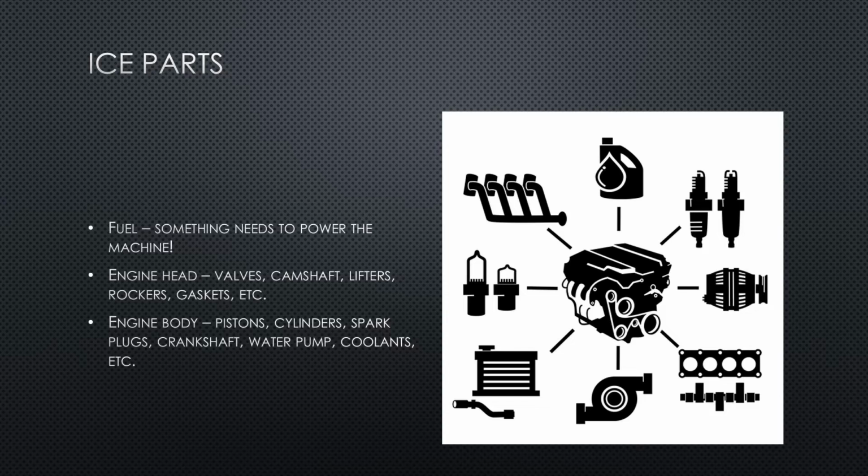But the key principle for you guys to understand is that if you take out one of these small parts that make up this big engine, right, then the whole thing doesn't work, okay? So you need all of these things, and they all need to be fine-tuned and operating well for the whole system to function. So that's how fine-tuned this process is for it to even work and move our cars, okay?